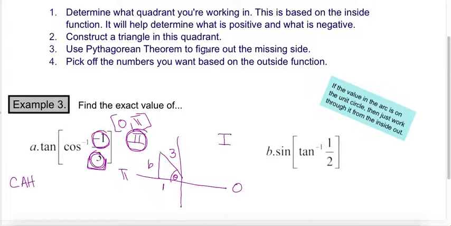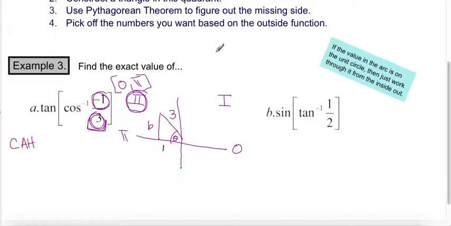So I've determined what quadrant I'm in. I've constructed my triangle. Now I'm going to use the Pythagorean theorem to find the missing side of that triangle. So I have 1 squared plus b squared equals 3 squared, which gives me that b squared equals 8, right?